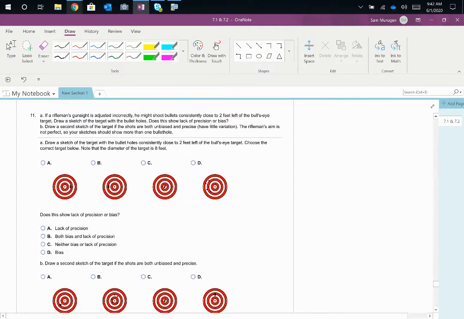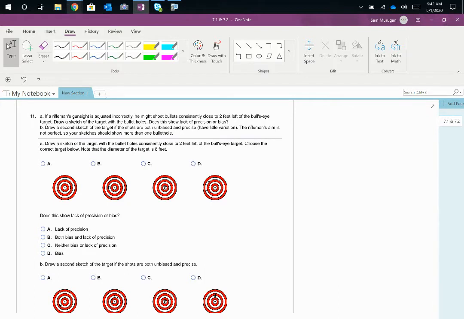So let's look to see if we understand the difference between precision and accuracy here. If a rifleman's gun sight is adjusted incorrectly, this is similar to the golf ball problem in the notes. He might shoot bullets consistently close to 2 feet to the left of the bullseye target.